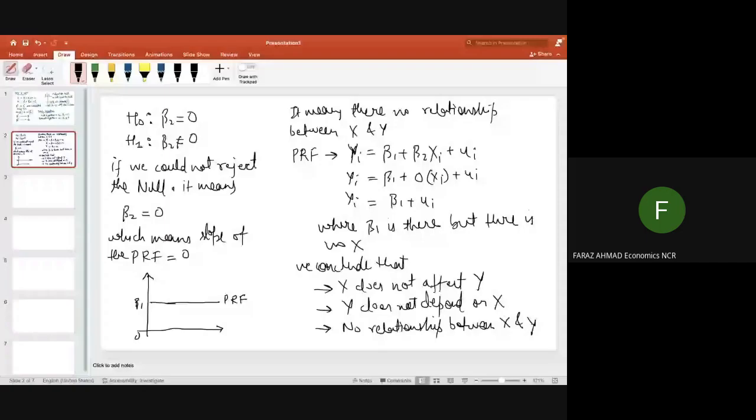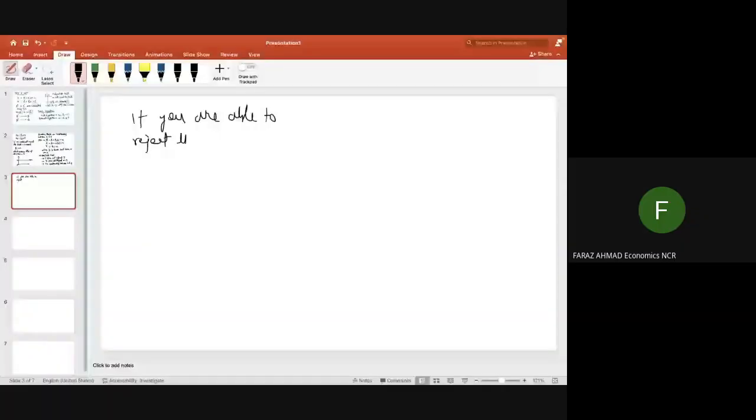And they are looking for evidence in this whole analysis that we are learning, just at the end of that, they just want to reject the null, right? Because if you are able to reject the null, that means your null is not true.